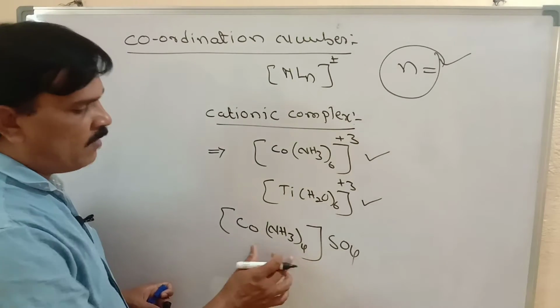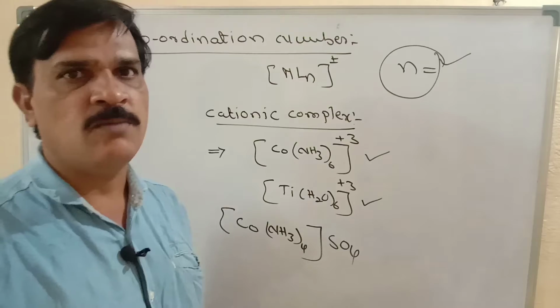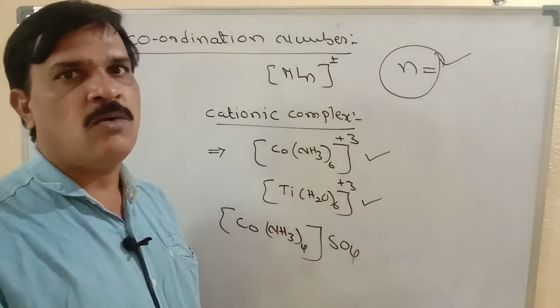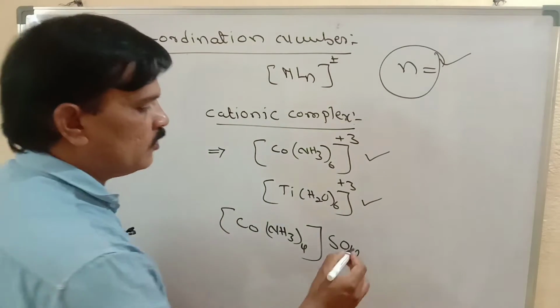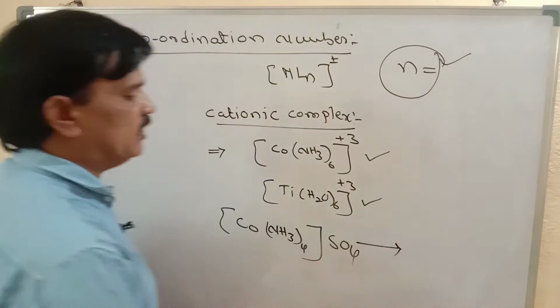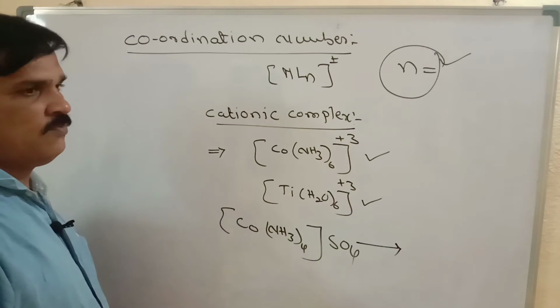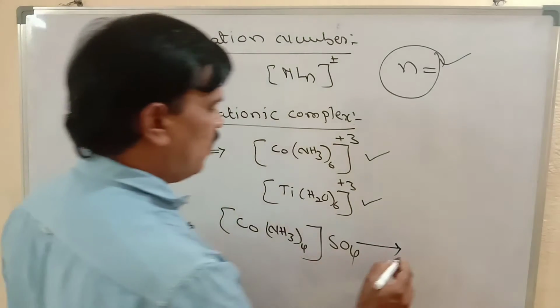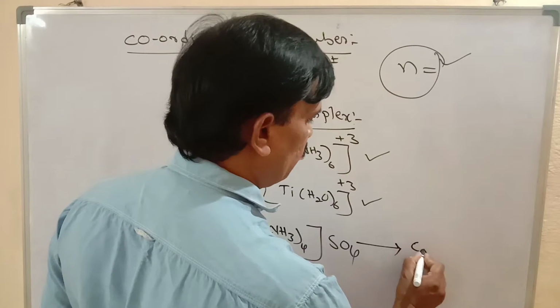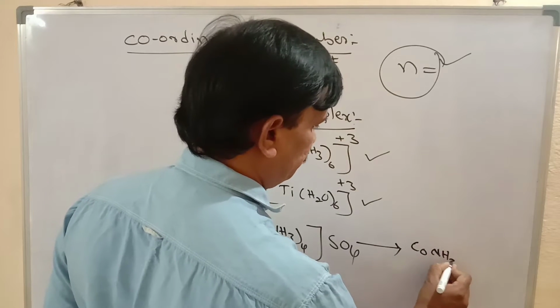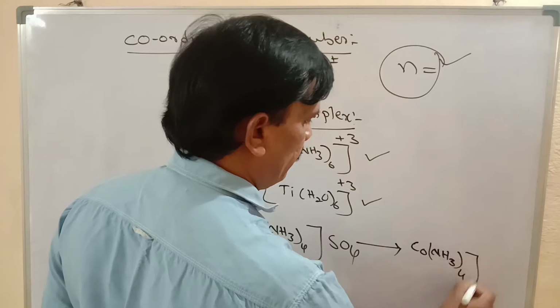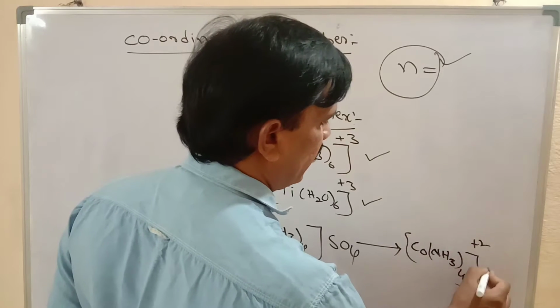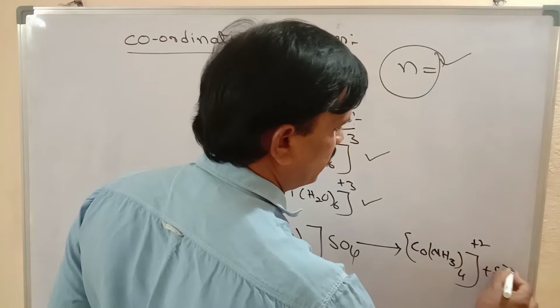Now for this type of complex compounds, whether neutral, positive cationic or anionic, how to identify? Just write their dissociation form. It gives [Co(NH3)4]2+ plus SO4 2-.